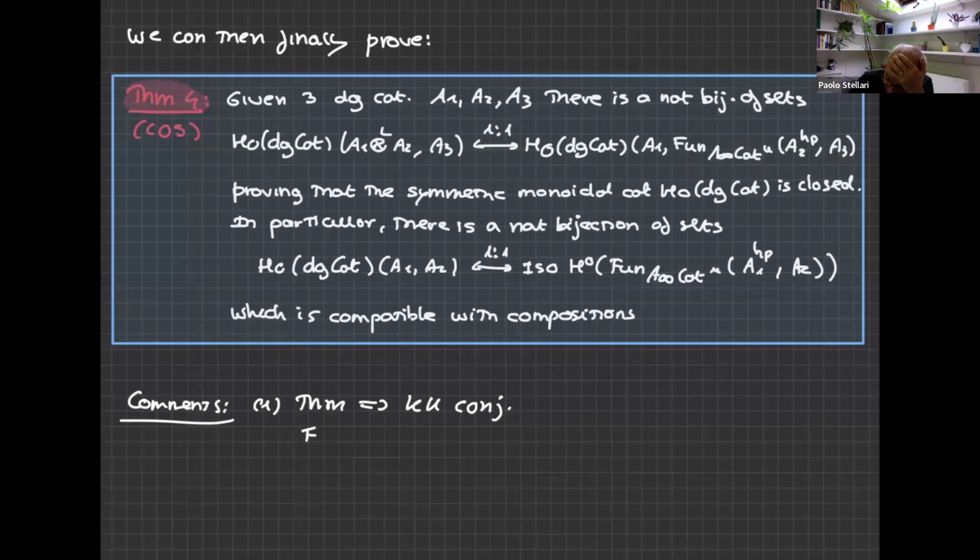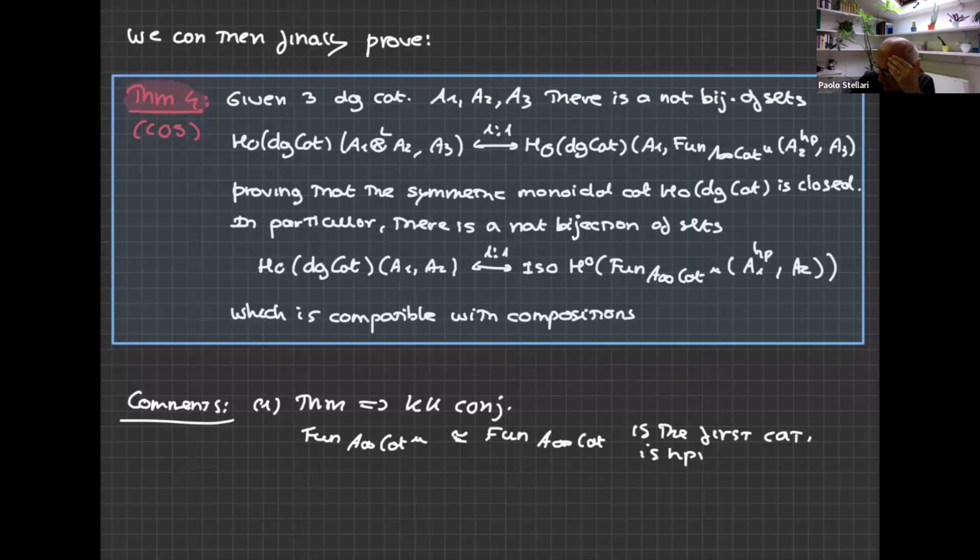So in particular, Fun infinity cat U is isomorphic to Fun infinity cat if the first category is H projective and the additional condition on the identity morphism is satisfied.